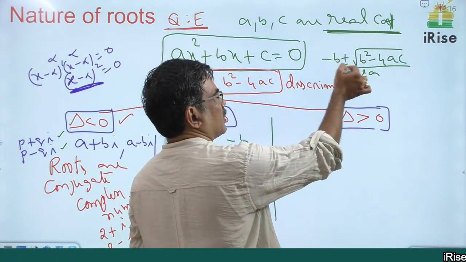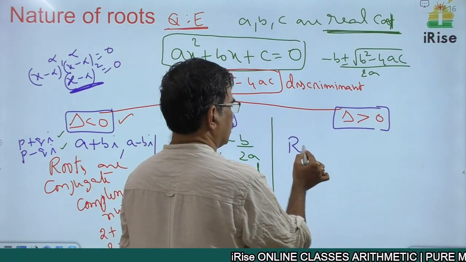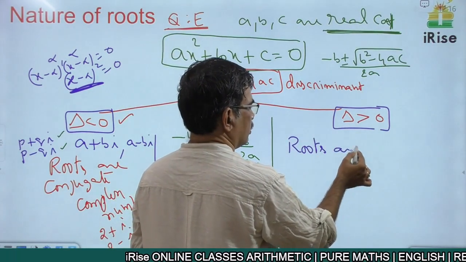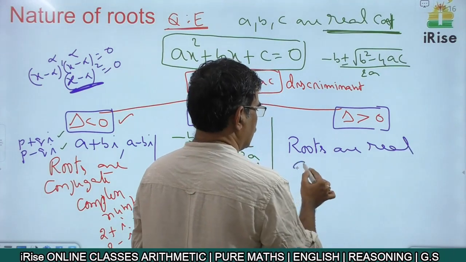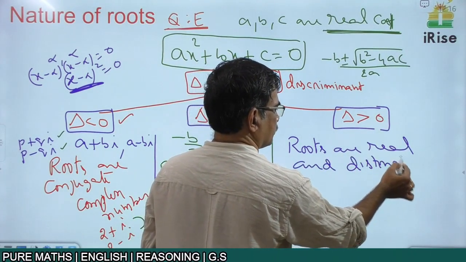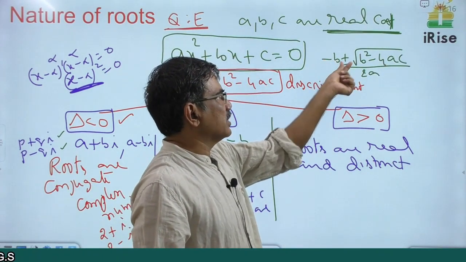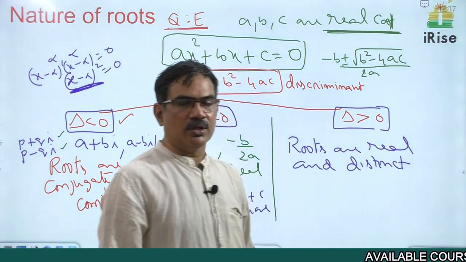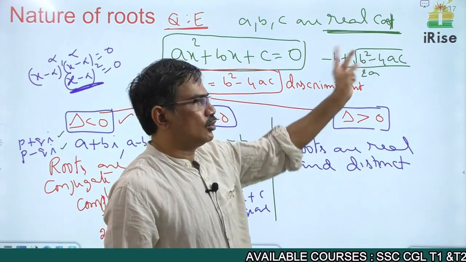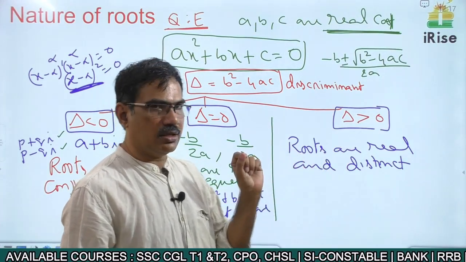So this is real plus or minus real by real number. So therefore we say that roots are real and distinct, different. Positive plus or minus positive by positive number, so we get two different roots and both roots are real. Roots are real and distinct.